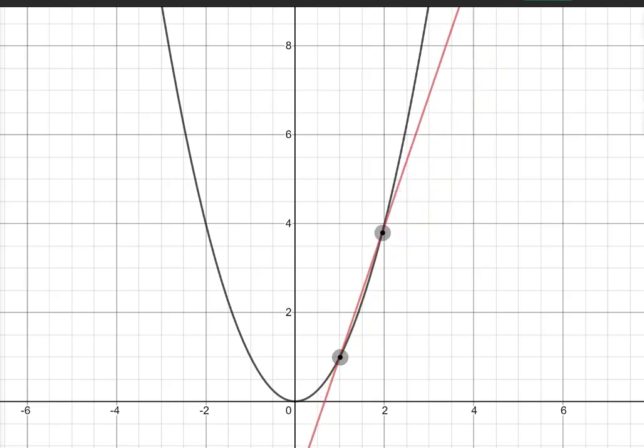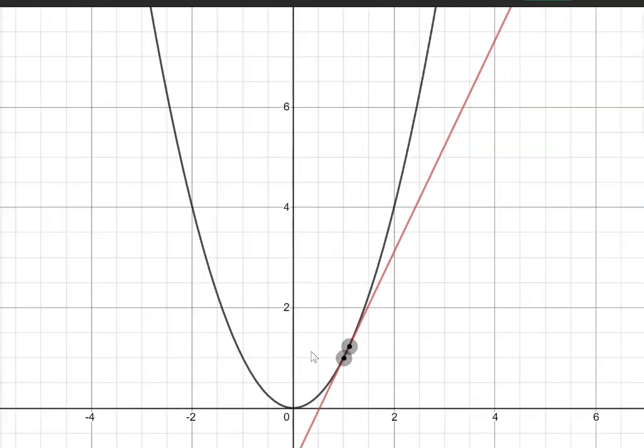Again, our second point gives us a secant line, but even if you think that you're almost there, you may say, why can't that be the slope of the tangent line? Remember, no matter how close you get, you can always get closer to another point. Eventually, we'll have to zoom in to be able to see that.